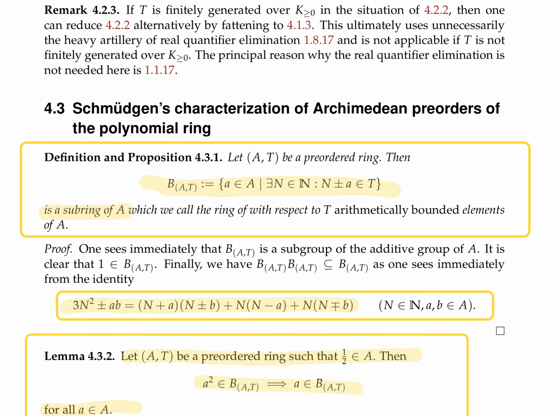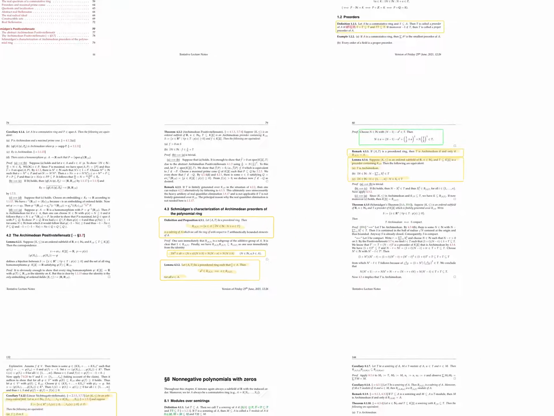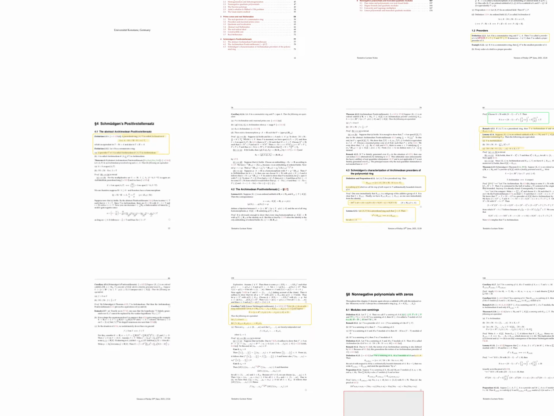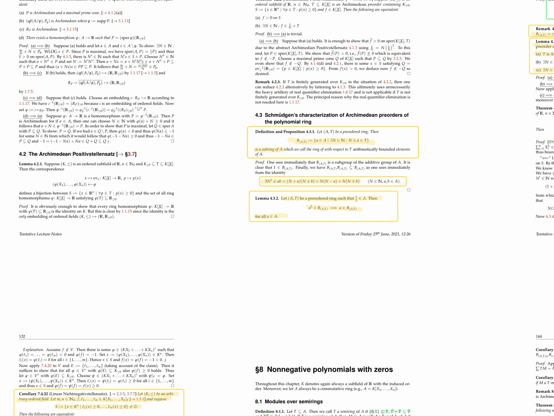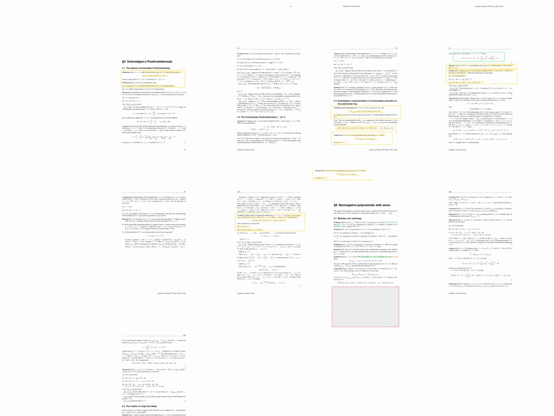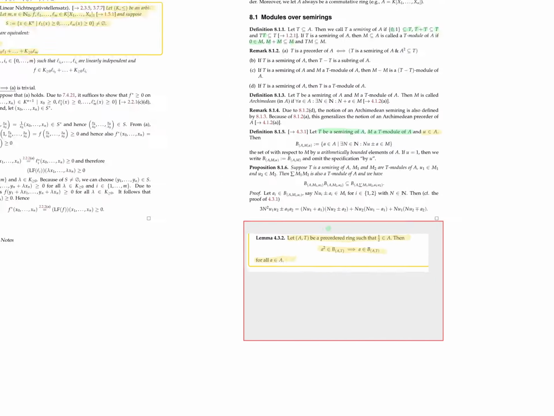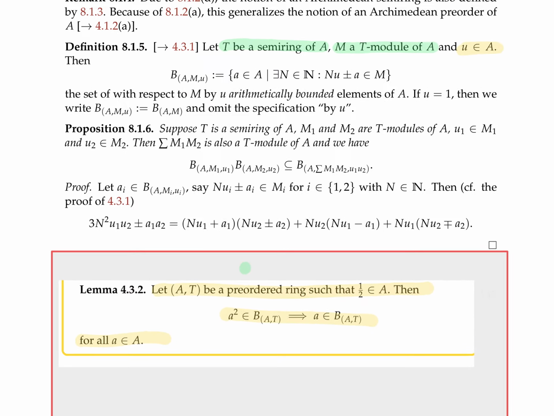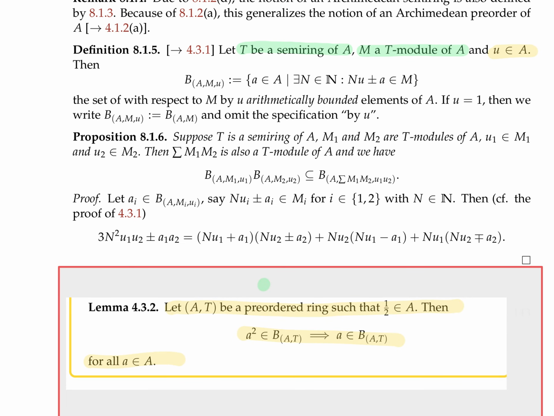And here we take exactly the same identity, except that we have somehow to use the units. Okay, maybe let's make a copy of this, so that we really see it's the same thing. So let a1 be arithmetically bounded with respect to m1 by u1, and a2 with respect to m2 by u2.